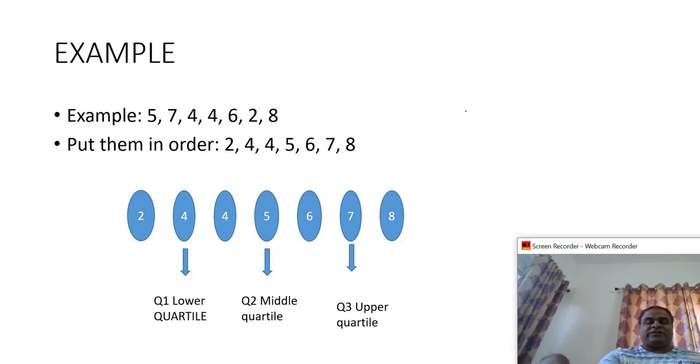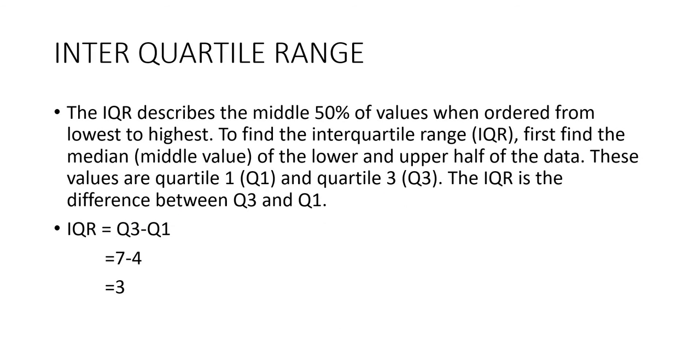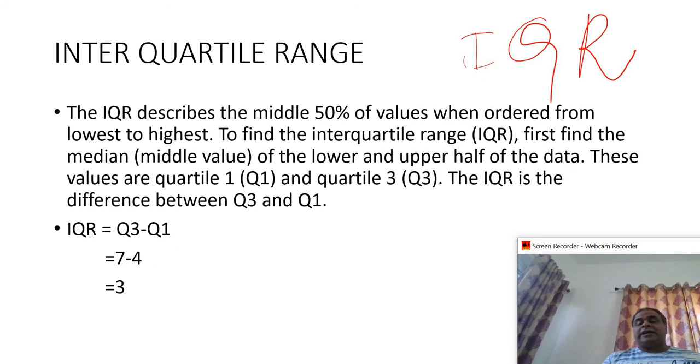You understood this. Now I am discussing another point. This is known as the interquartile range, also known as IQR. What is the interquartile range? The IQR describes the middle 50 percent of values when ordered. You need to understand the formula for IQR.